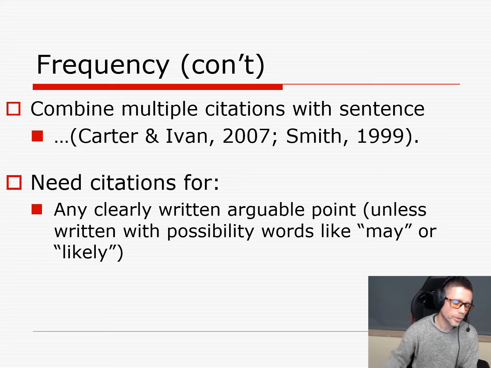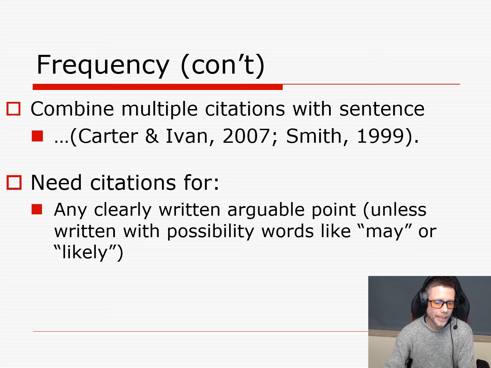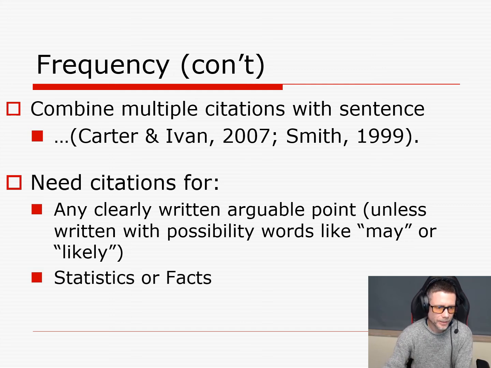Anytime that you are given statistics or you're providing facts, you should have a citation, okay? Unless you use some type of phrase that leaves the door open, then you might not have a citation.